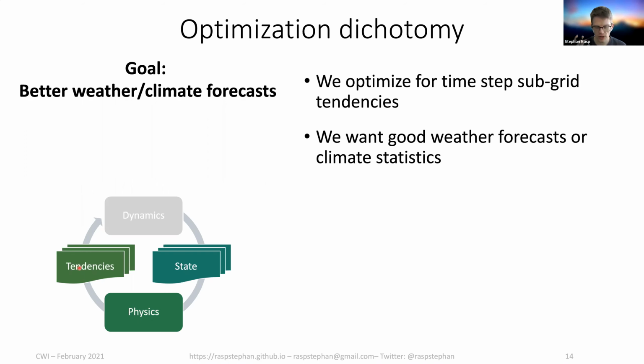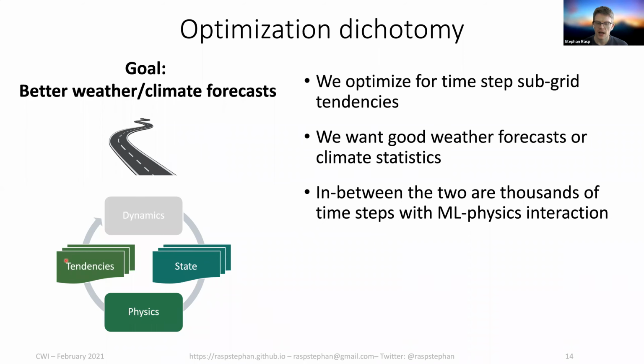And so I think the crucial point here is that there's a long way between what we optimize for and what we actually want. And in particular, what's in between are thousands, if not millions, of time steps in which your machine learning model now interacts with the other model components, your traditional dynamic solver, other physical components of the model, and it interacts with itself through many, many time steps, which it has never done during training, right?